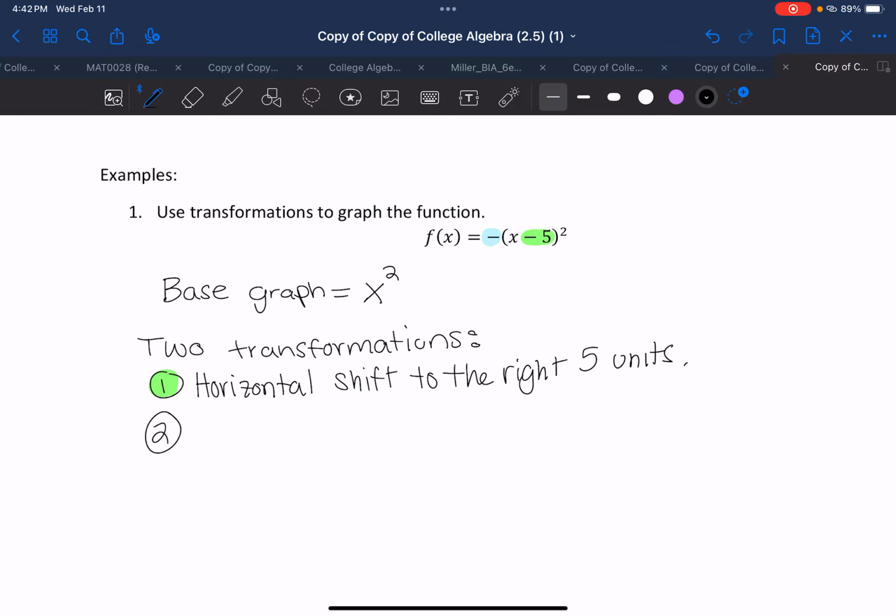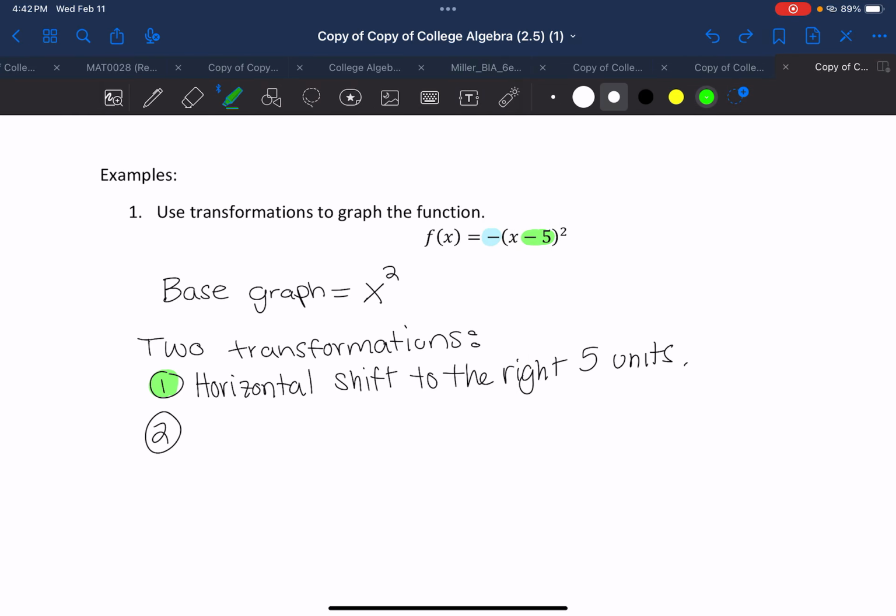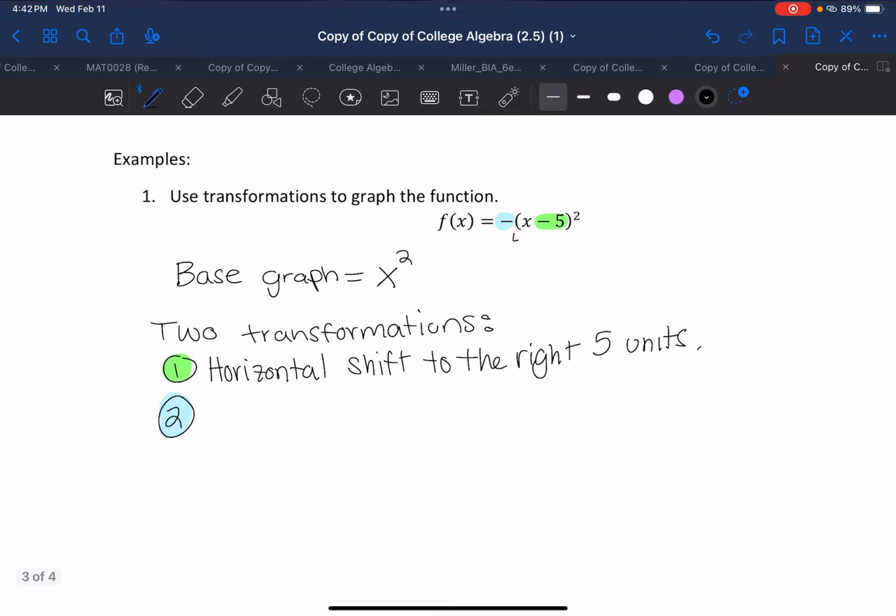And then the second one is the negative on the outside in front of the entire function. So this is affecting my output values. Like after I plug a value in x and I do that, then it'll get multiplied by negative.